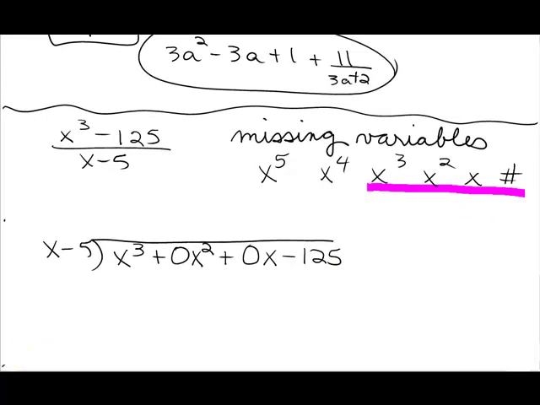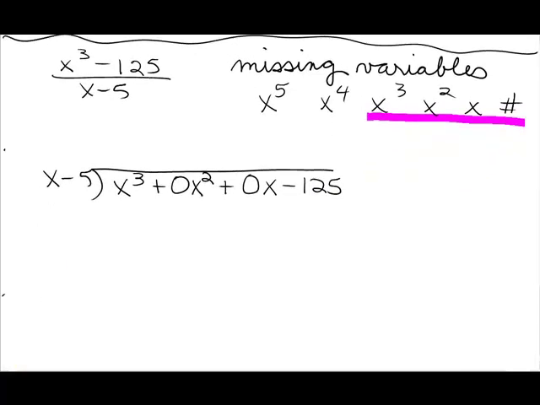Then we'll go ahead and look at doing the division the same way we were a while ago. x goes into x squared. Remember what I just said. If this is cubed, this will be squared. Multiply, product rule. 2 plus 1 is 3.